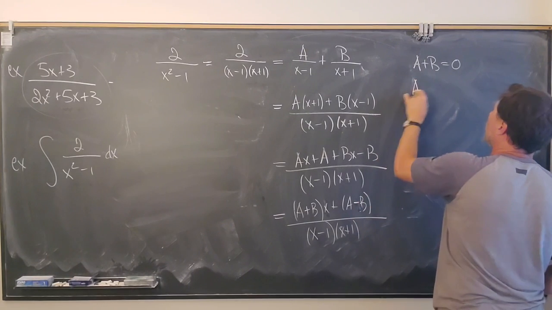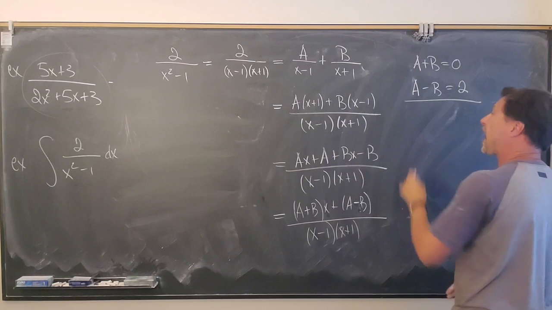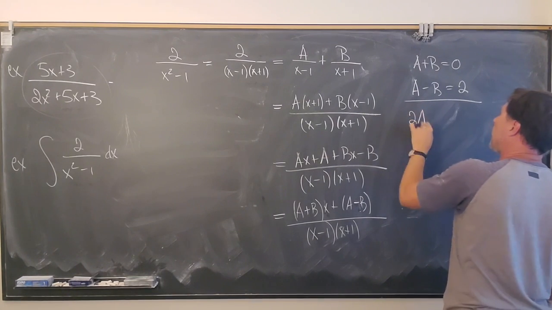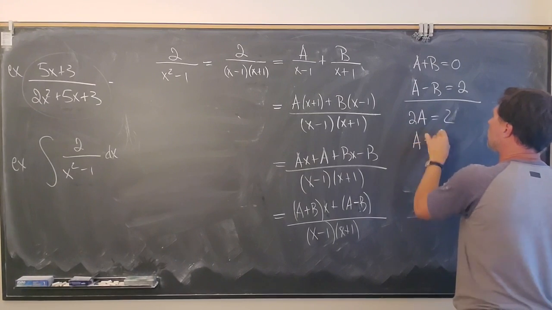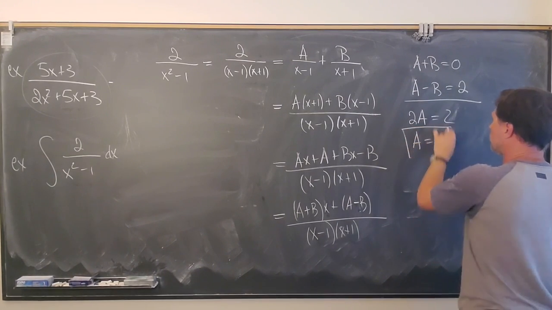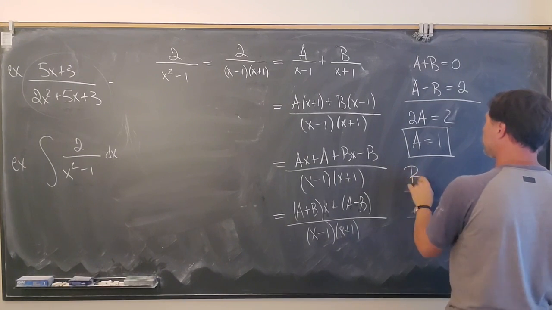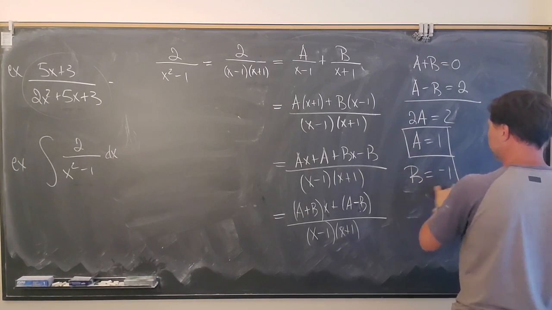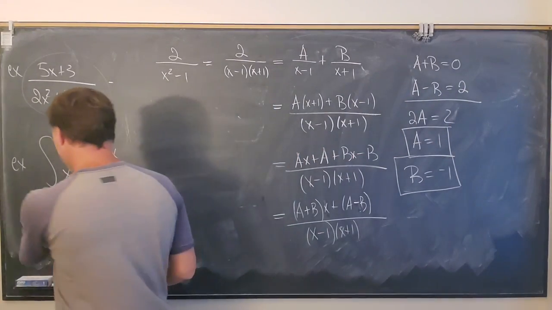So a minus b equals 2. If we add these equations, we get 2a equals 2, which means that a equals 1. And that allows us to conclude that b equals minus 1. So now we return to the integral.